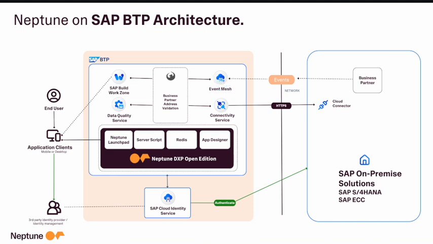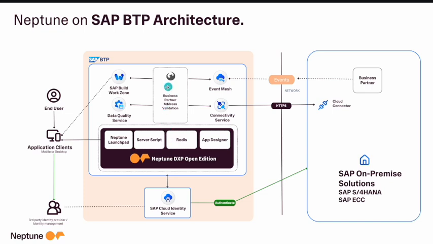When an event arrives, a server script will pick up the ID of the business partner and retrieve the remaining data with an OData service from the SAP system. So it will retrieve the address details, and those will be stored in tables on the Open Edition running on BTP.